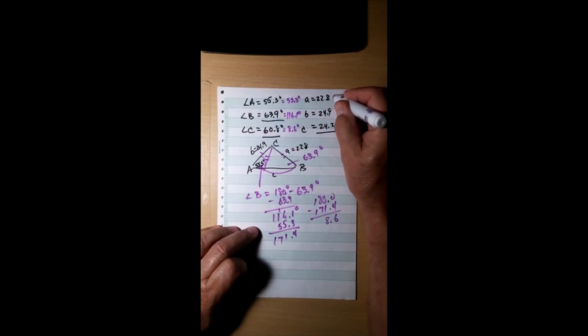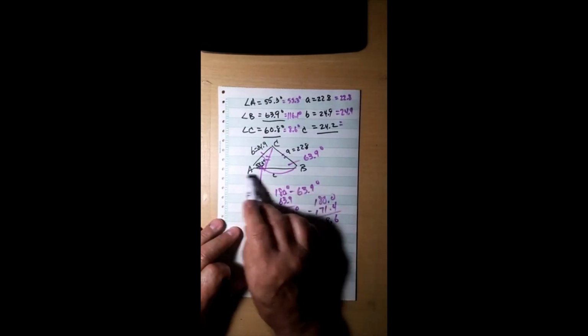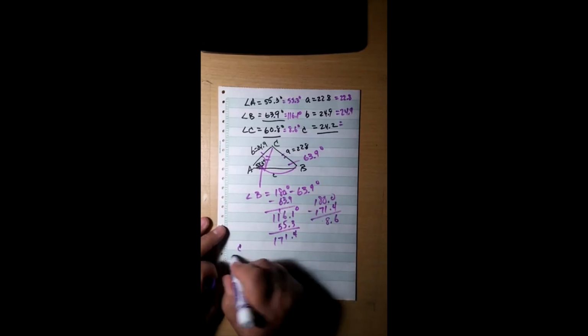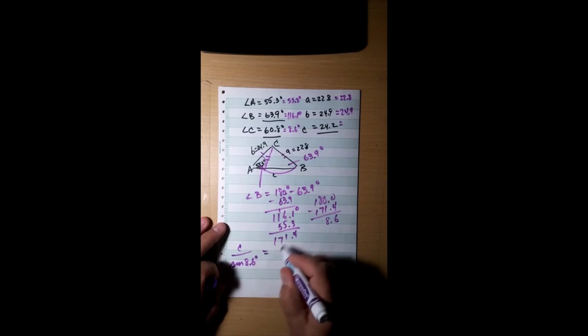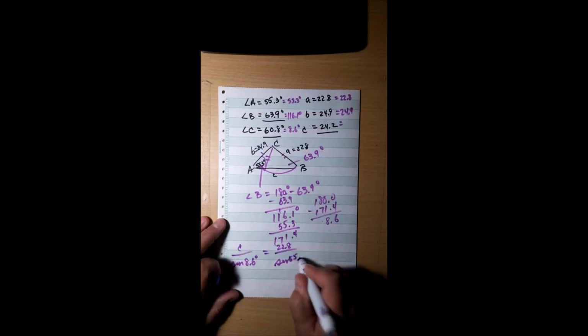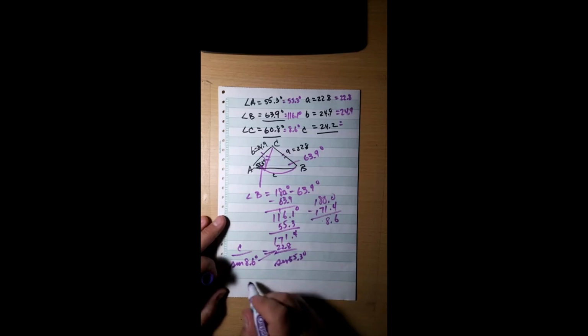These two have to remain the same, the 22.8, the 24.9. We've got to find our new side C because it's going to be a whole lot shorter than it was before. So C over the sine of angle C, which is 8.6 degrees. Go back and use A, our given 22.8, over the sine of 55.3 degrees. Cross multiply, divide by the third.